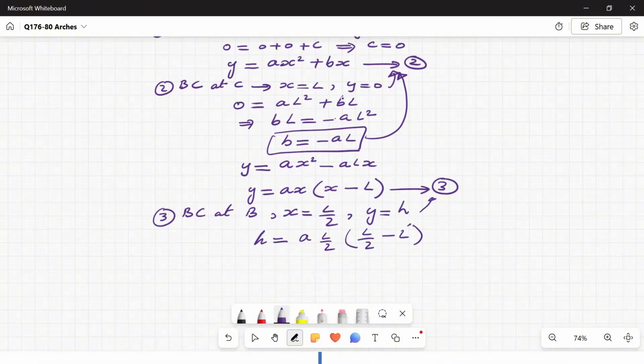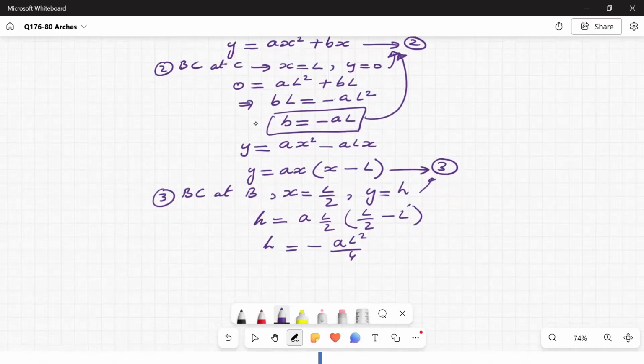So this will give me minus aL square over 4 equals h. And from here I can find out the value of a.